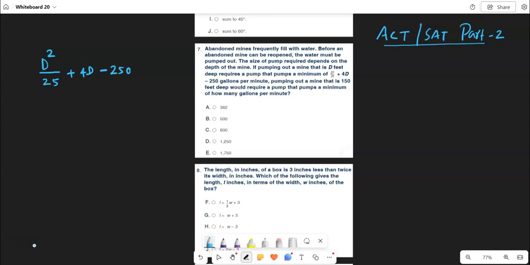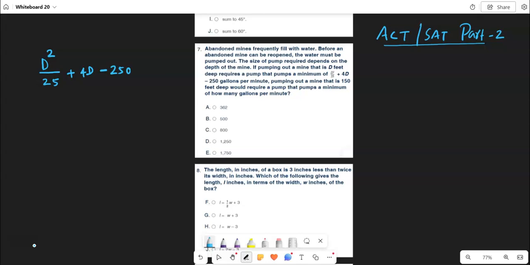So we have the equation modeled for this situation. You should be very careful. Pumping out a mine that is 150 feet deep would require a pump that pumps a minimum of how many gallons per minute.